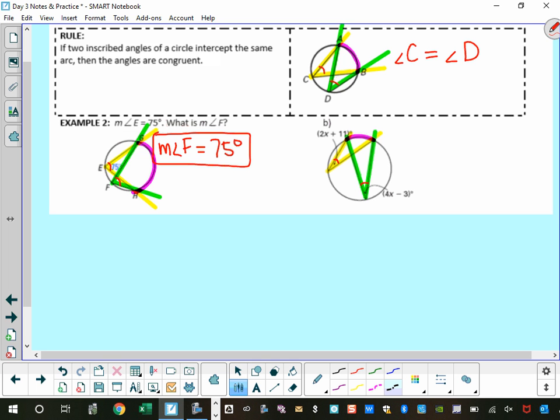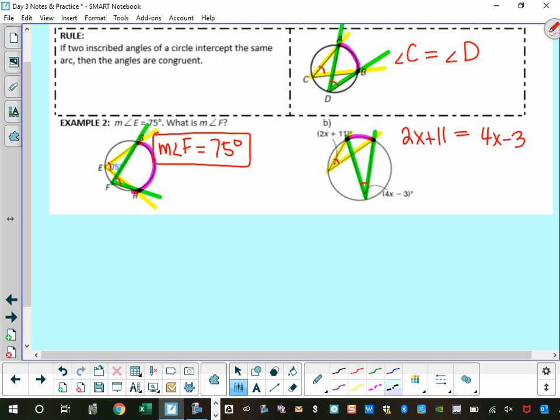Each of those has an expression. The yellow angle is 2x plus 11, and the green is 4x minus 3. Because they are going to be congruent, how would I solve this? We'll make them equal to each other.